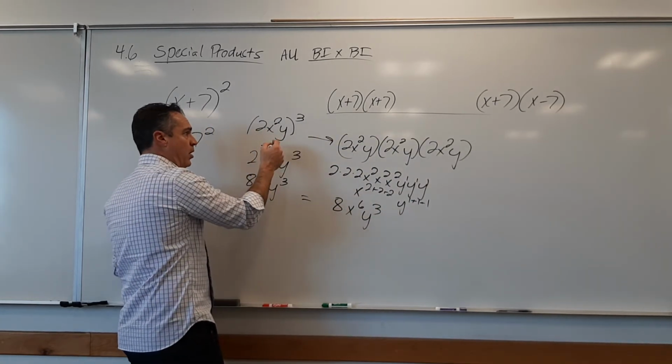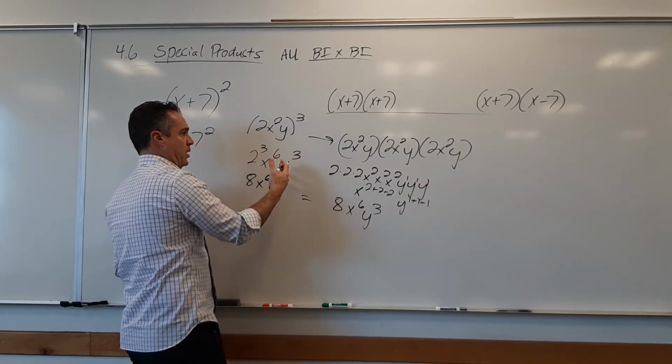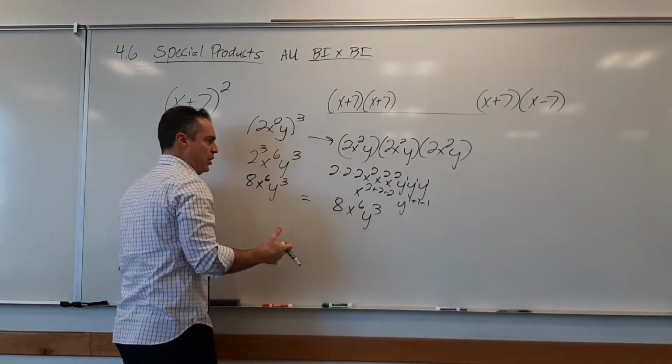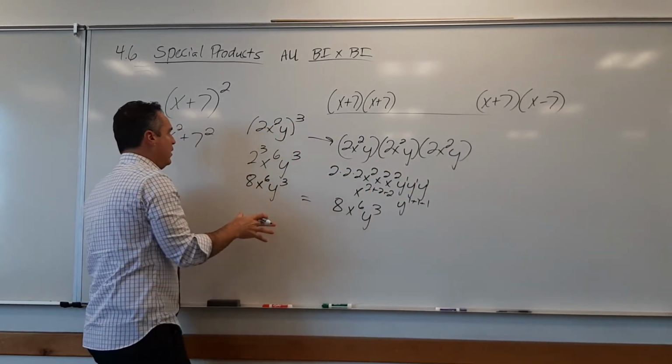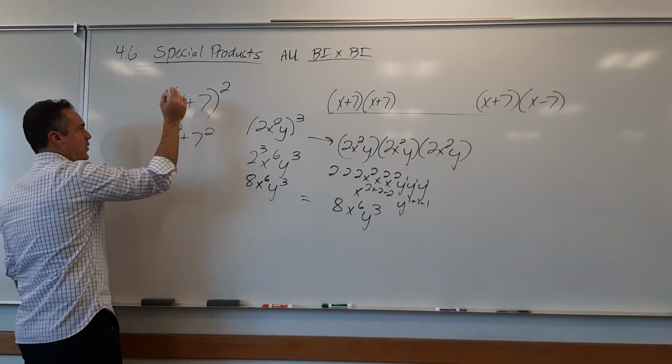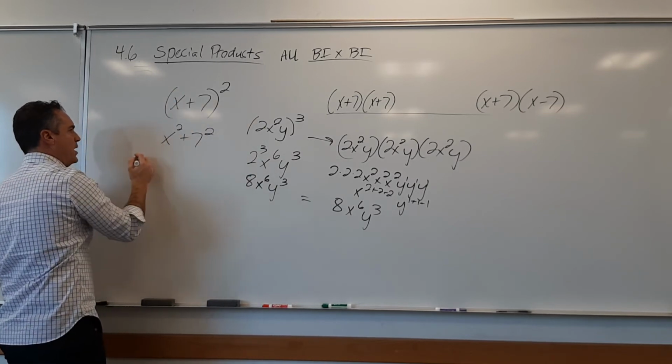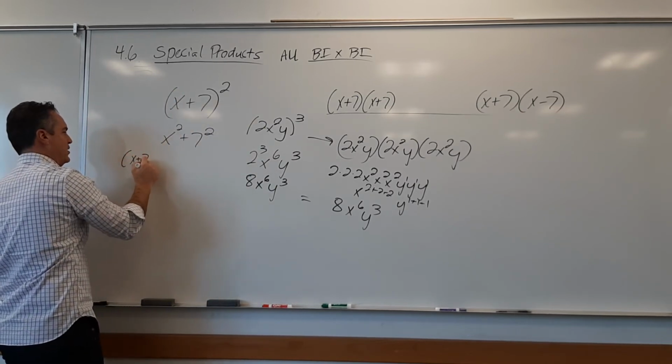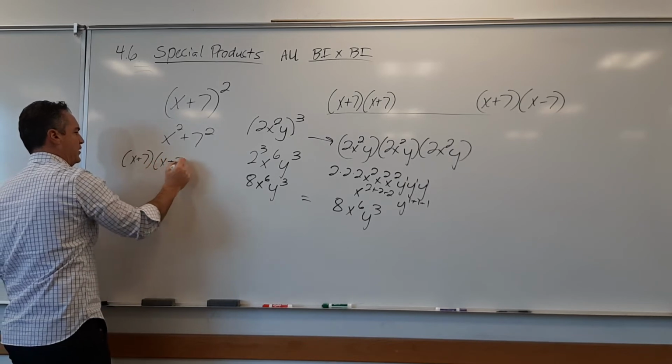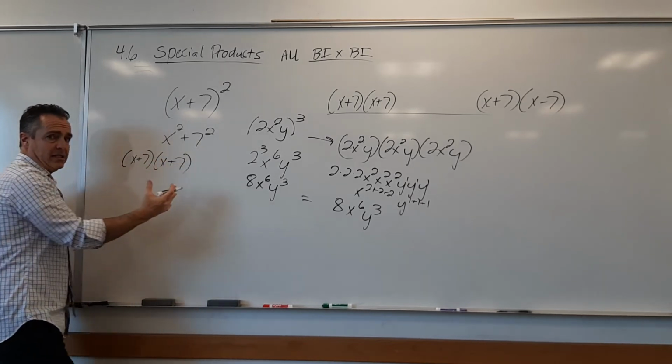Remember, all laws of exponents are shortcuts. We can take the long way to school and do it, but we like the shortcut. Notice this. If we don't take the shortcut here, we end up with x plus 7 times x plus 7. Agreed? What's a bi times a bi?